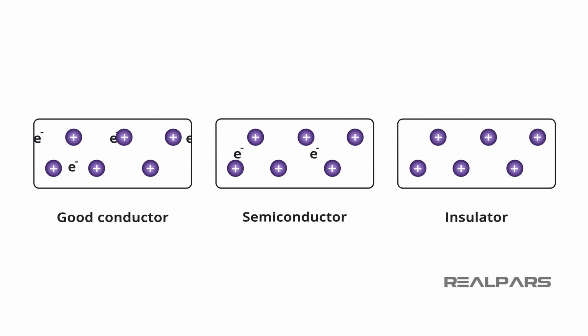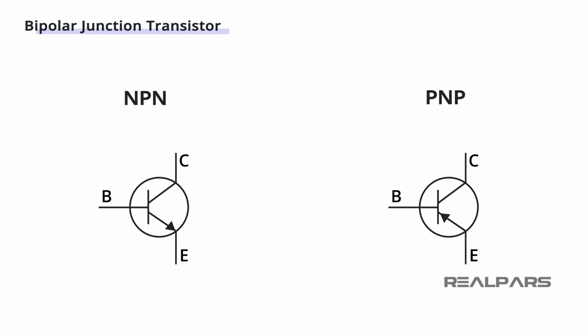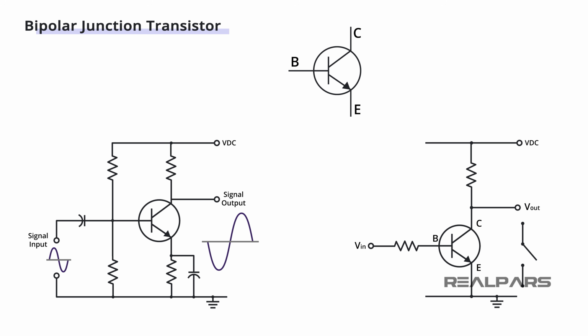A semiconductor is neither a conductor nor an insulator, but somewhere in between. The most common transistor is the BJT or Bipolar Junction Transistor. The two types of BJT are NPN and PNP. BJTs are used for audio amplification and as electronic switching devices.